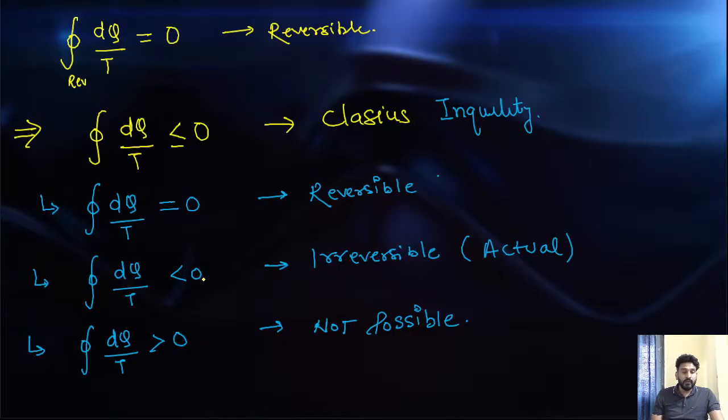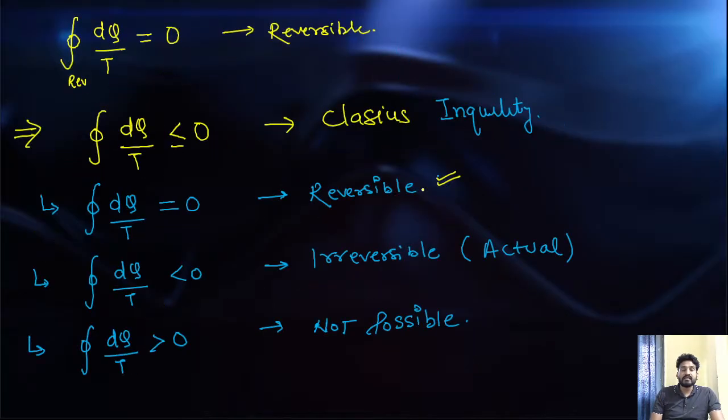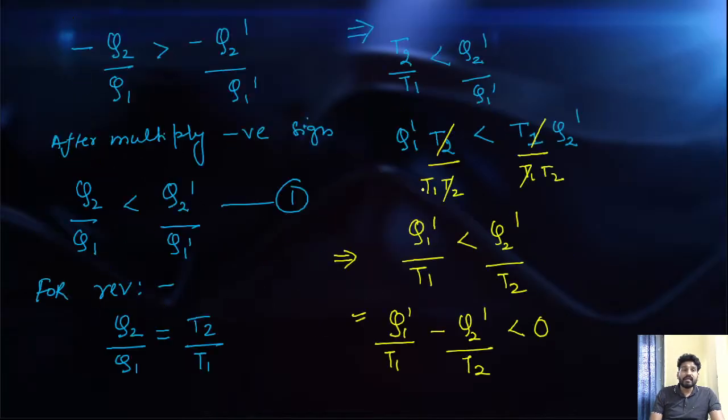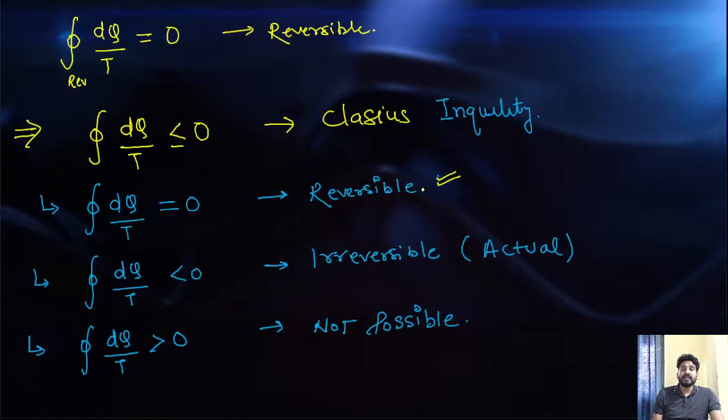So I told you yesterday also that dQ over T equals 0 for reversible. And see, this thing is not in this derivation. In yesterday's class also I told you that I will let you know how dQ over T equals 0 for the reversible.